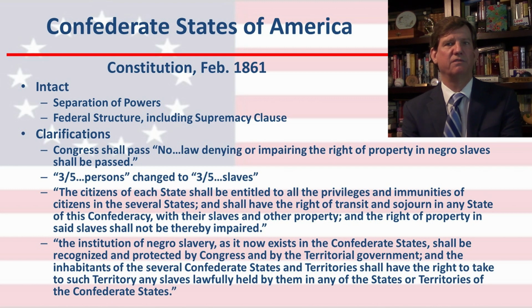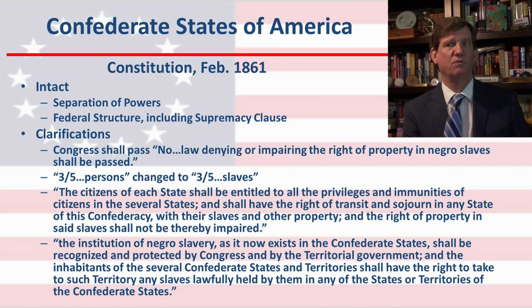They issued some very clear guidelines and clarifications. That Congress shall pass no law denying or impairing the right of property in Negro slaves. Congress lost power. The Confederate States of America took the power of Congress away and gave it to the states.